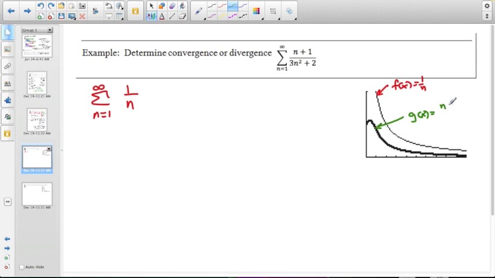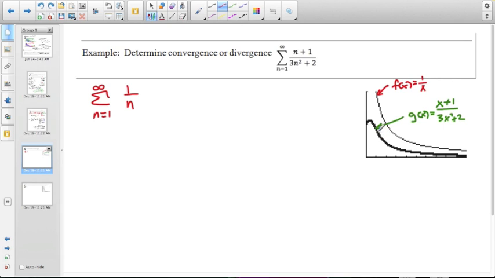That's the n plus 1, oops, I should write that in terms of x. x plus 1 over 3x squared plus 2. I'll write that in function notation. Let me go back and write the other one in function notation as well. So that one would be 1 over x.